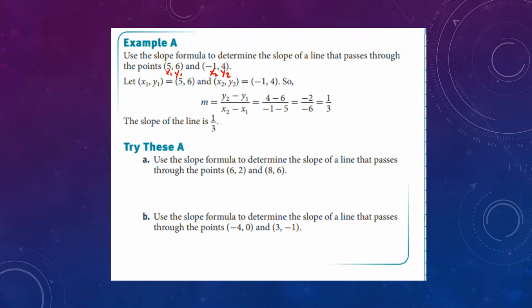So if we use this formula, y2, 4, minus y1, 6, over x2, -1, minus 5, which is x1. Then we'll reduce, simplify. 4 minus 6 is -2 on top. -1 minus 5 is -6 on the bottom. A negative divided by a negative gives us a positive number, and we'll reduce that to 1/3.